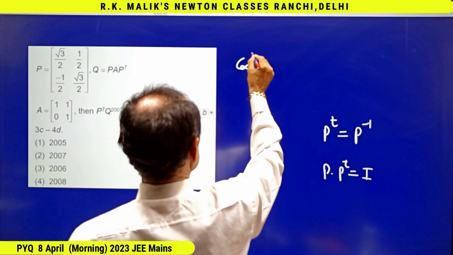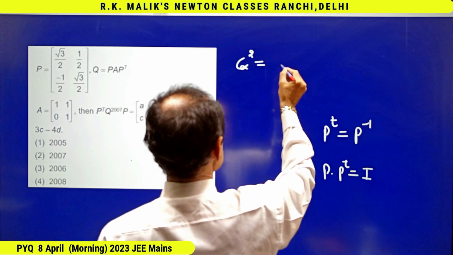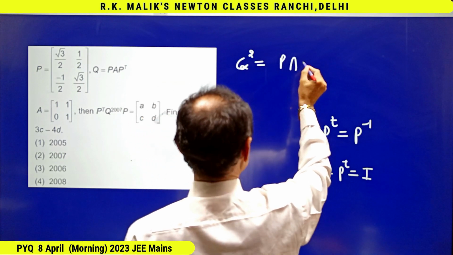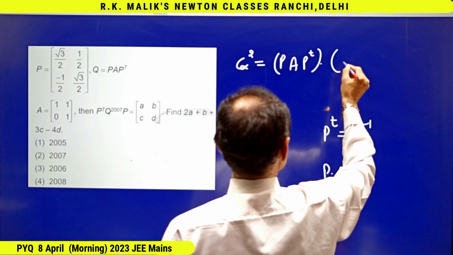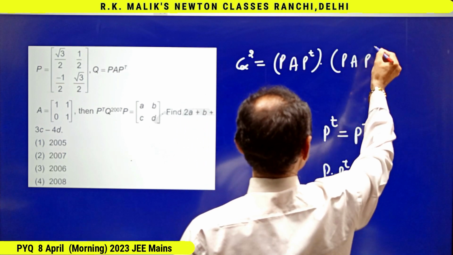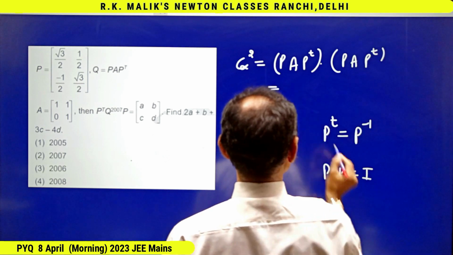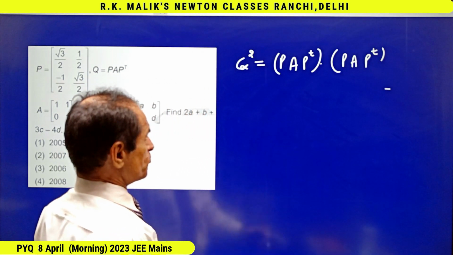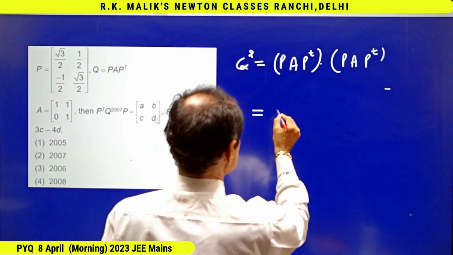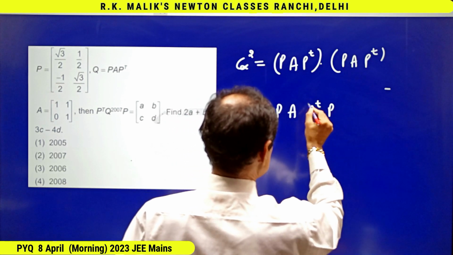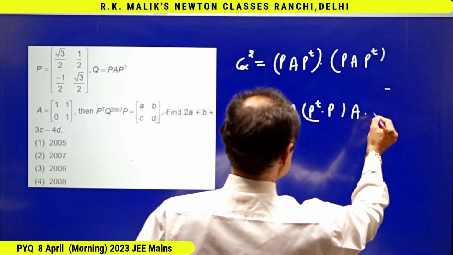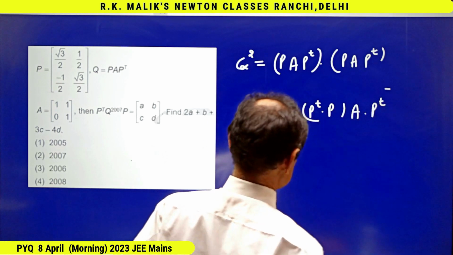Clearly, Q square will be equal to P A P transpose into P A P transpose. Using the associative property, I can write it as P A P transpose into P into A into P transpose.